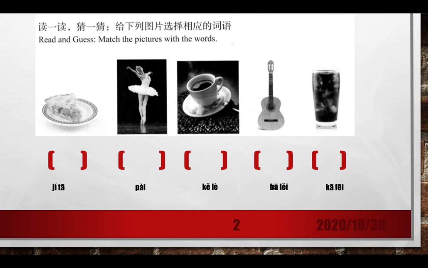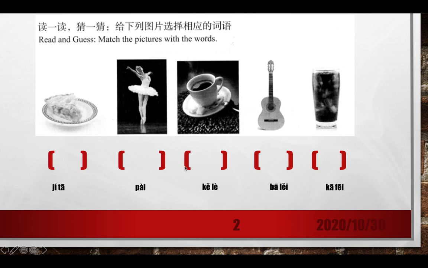Okay, so after finishing, you can continue this video. So let's try. Okay, there's a pizza, a ballet dancer, a cup of coffee, guitar, and maybe this one, Coca-Cola.